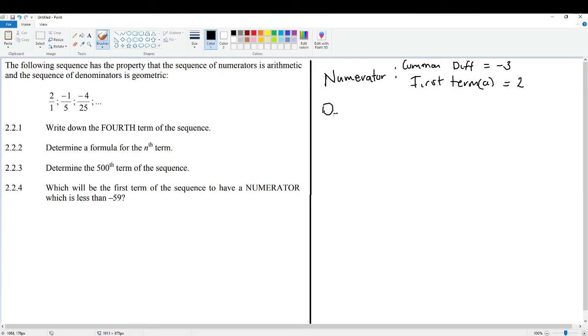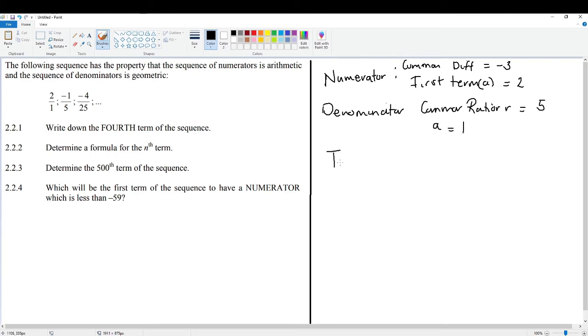Then for the denominator, our common ratio r is equal to 5. Our first term is 1.